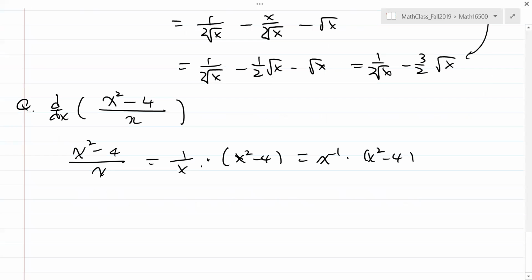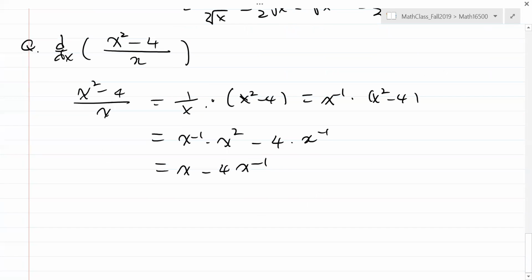But you can also multiply this out, it will be x minus 4 times x to the negative 1. So it's another way. Then this becomes a sum of power functions. I like the last version. I can apply the product rule to differentiate this function, but if you look at the last expression, you can differentiate using the power rule.